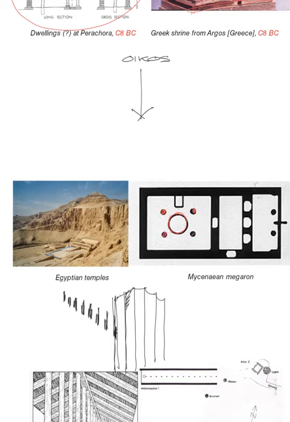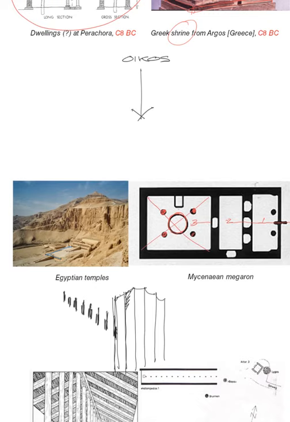But the important thing that we didn't see here in the shrine, where it was only one space on the inside, is this idea of having a series of spaces that leads from the outside towards the inside. So there's a series of thresholds before you get into the more sacred area.